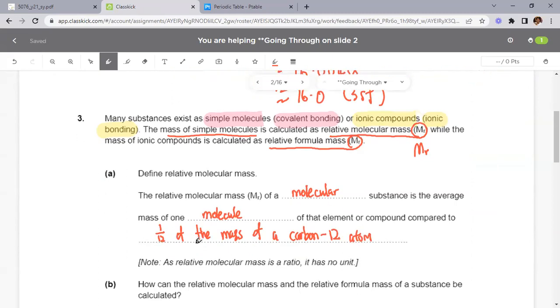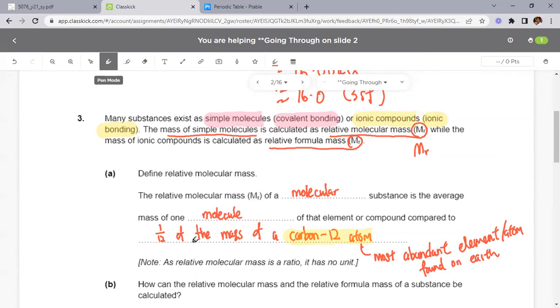Now, at this particular stage, you will be wondering, why is it still 1/12 of the mass of a carbon-12 atom? Why is carbon used as a reference? Because carbon-12 is one of the most abundant atoms found on Earth. So it's the easiest to find and make reference to.